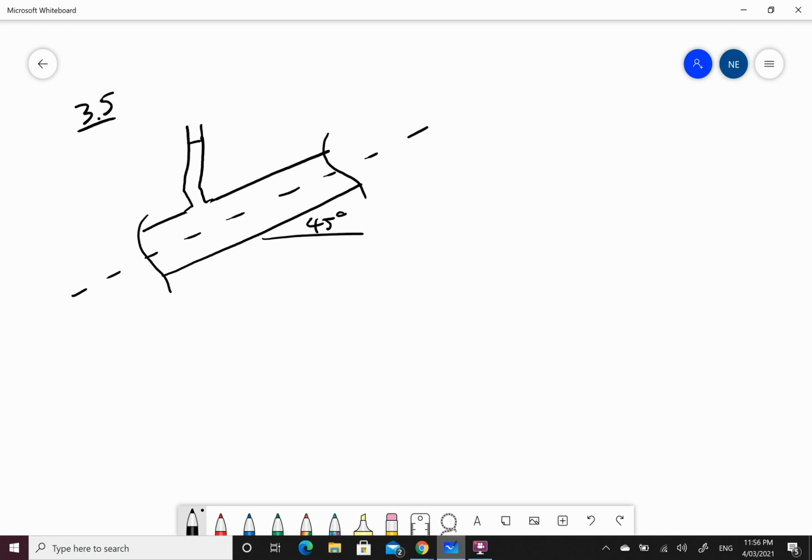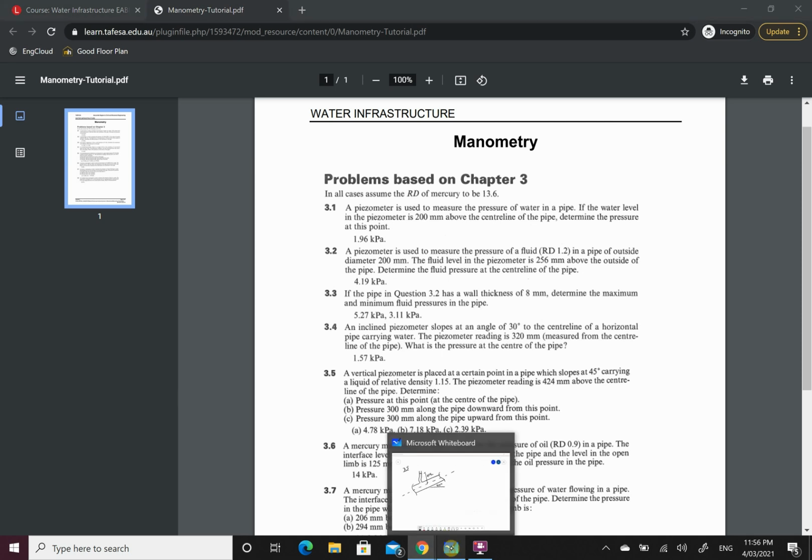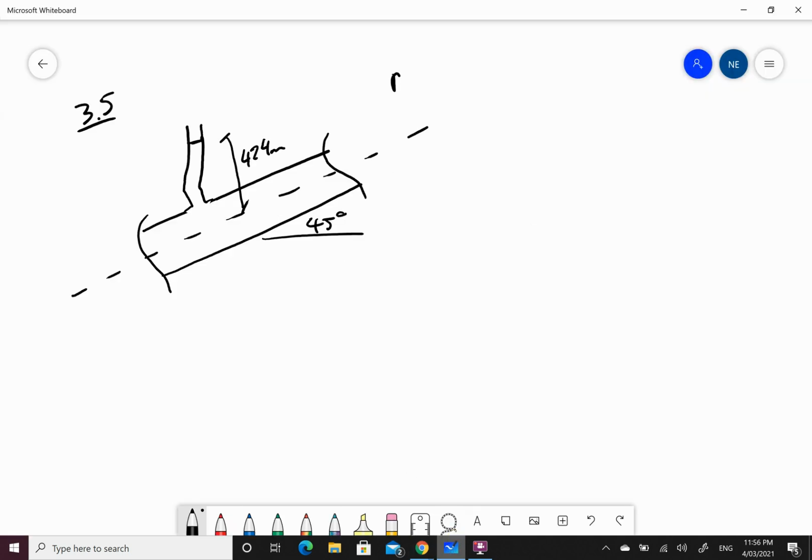So H from here to here is 424. Let's just check. Yep, 424 above the center line. I have an RD, I'm just going to write over here 1.15.